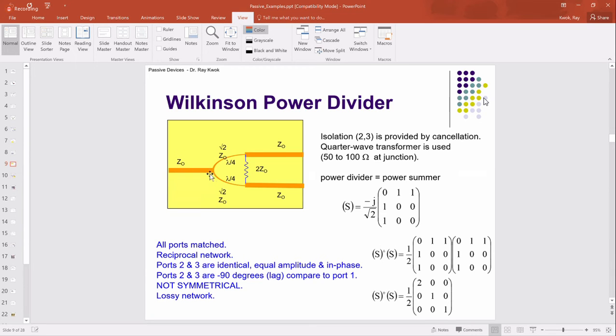So you come in here, you do a quarter wave transformer. Now this is square root 2, so that means it's 1.4 times Z0, times 50, right? So that's about 70.7. This is right here, and then this is back to 50 ohms. And the resistance is 2 times 50 ohms, so it's 100 ohms. By doing that, everything's well matched.